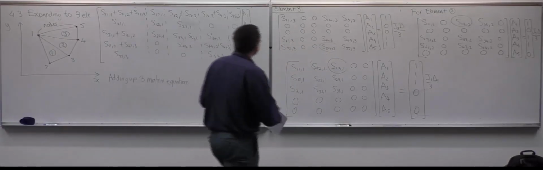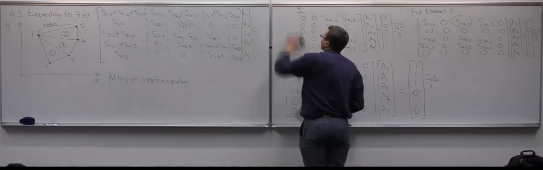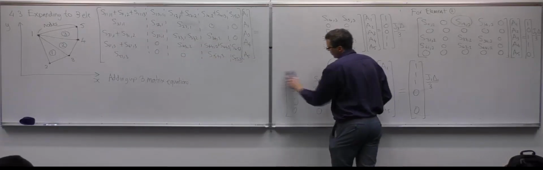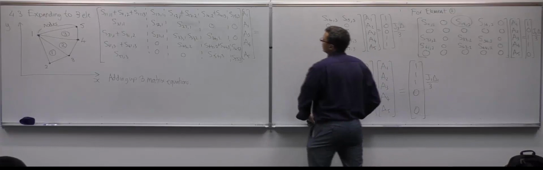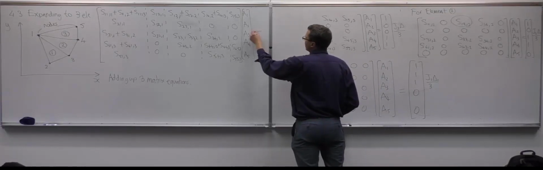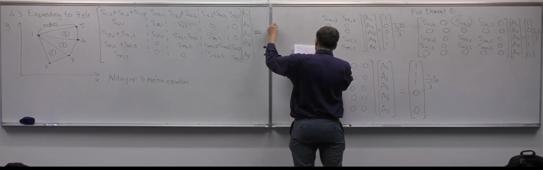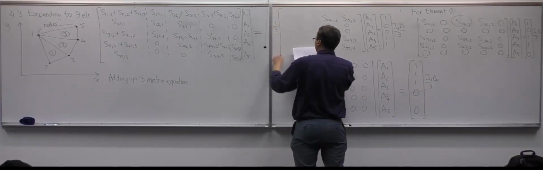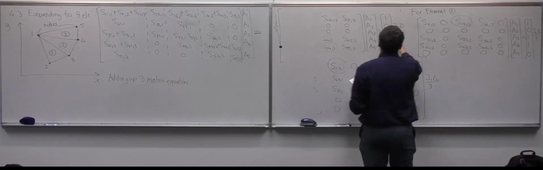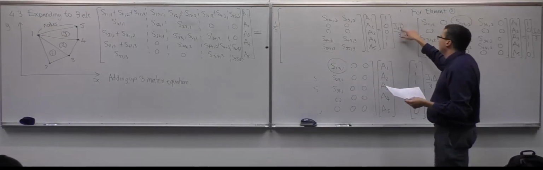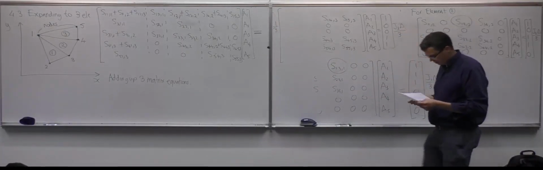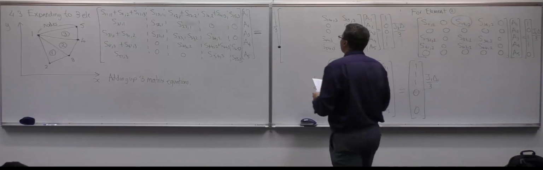I'm going to go across to the next side of the board. So this is equal to 1 over 3, and in here this is J3 times the area, which is the current. So here I'm just going to write it in terms of current.